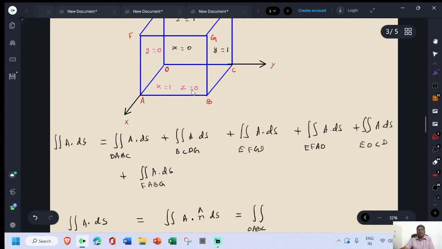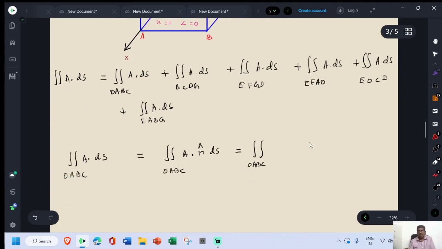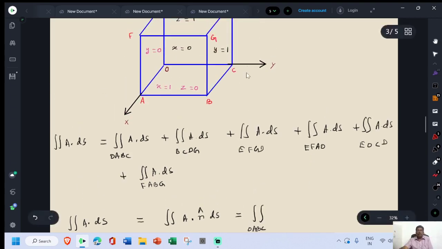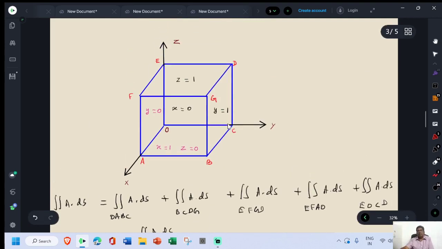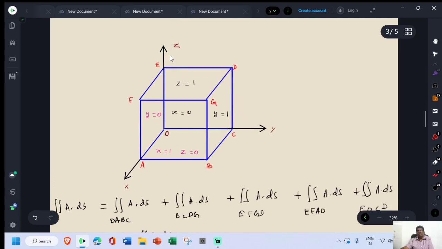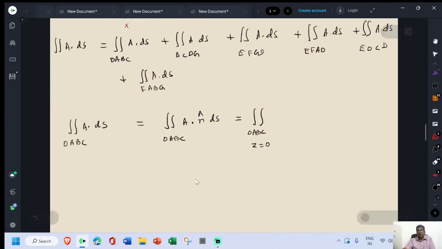Here the value of z equal to 0. Then in this phase OABC, this is opposite to z-axis. Along the z-axis, the unit vector n cap value is k, but this is opposite to this z-axis. The n cap value is minus k.